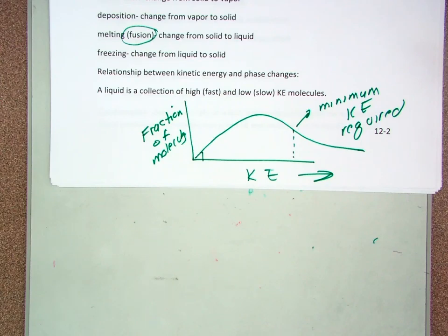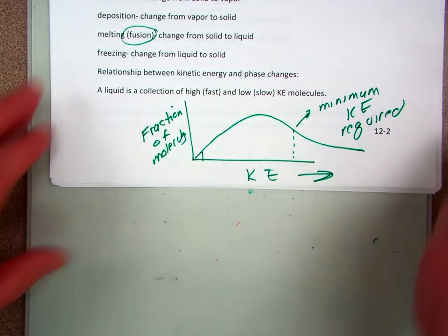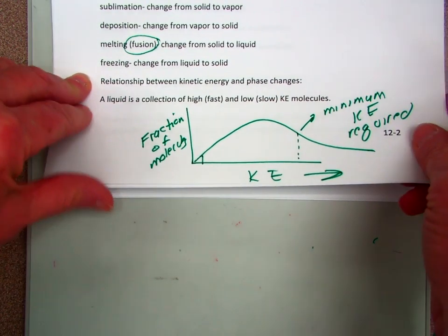So if you think about this, when you have a liquid that has weak intermolecular forces, the molecules are just sitting next to each other and they can break away. If you have high intermolecular forces, the molecules are hanging on to each other. You have to break away from them to be able to escape. So we need a minimum kinetic energy to have enough energy to make that transition.